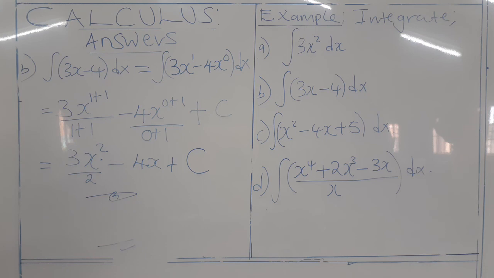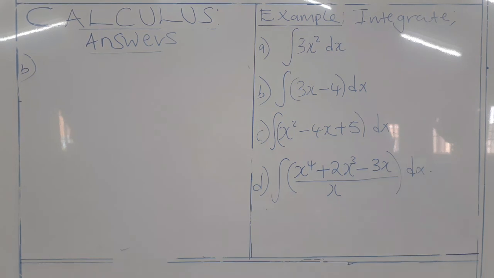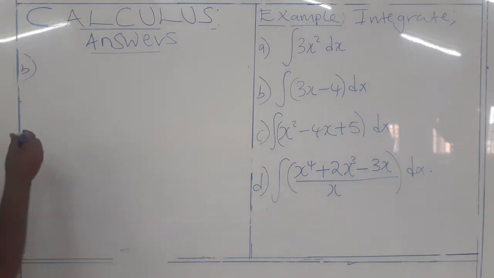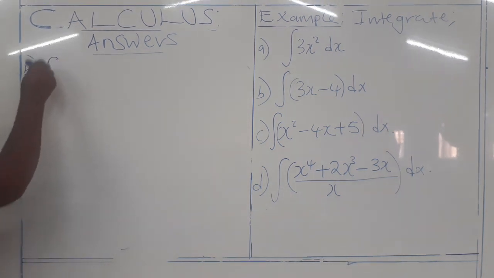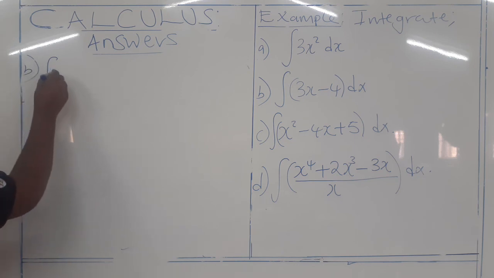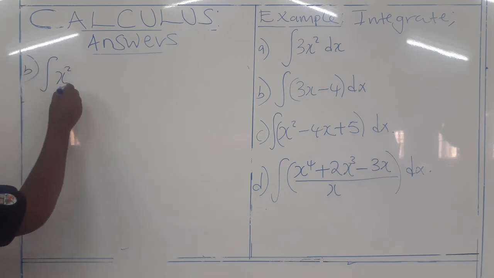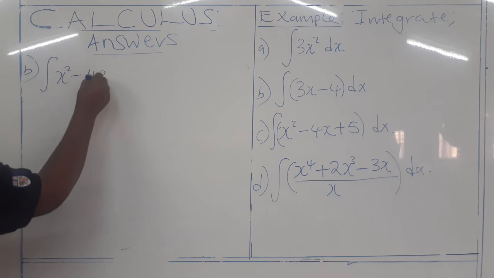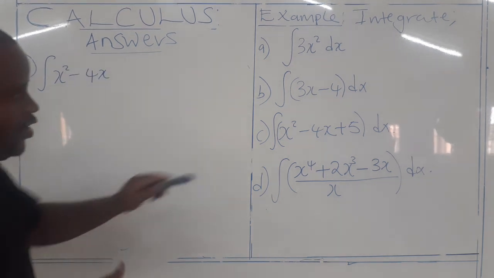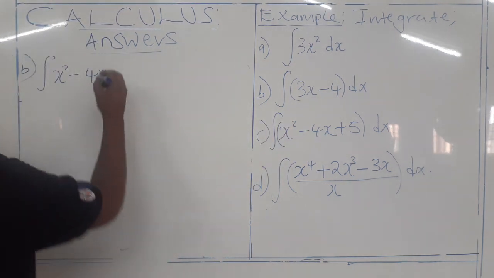Okay. We can do the third one. Okay, for the third one, we are going to say the integral of x to the power 2 minus 4x. Now, here where there is 4x, I can easily put power 1, alright?